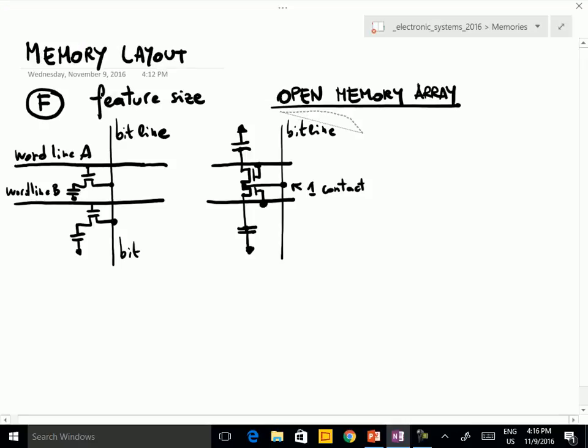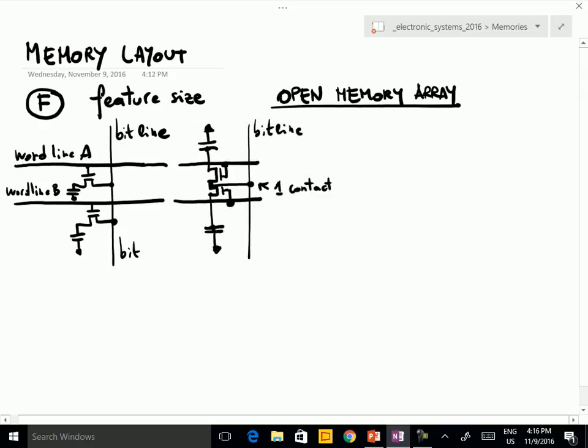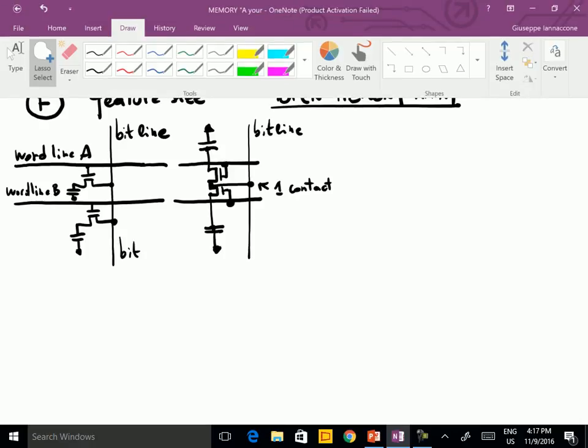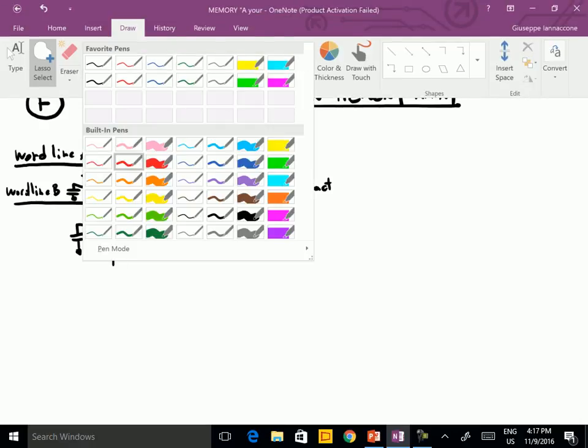Let me show you here how compact this can be.